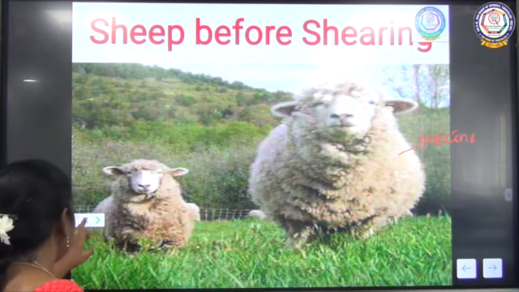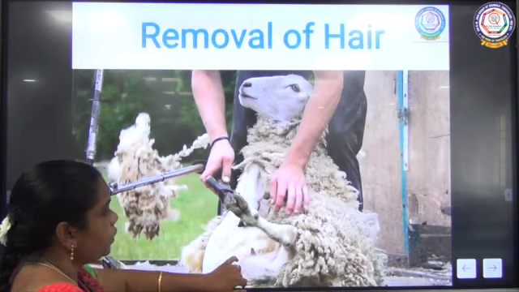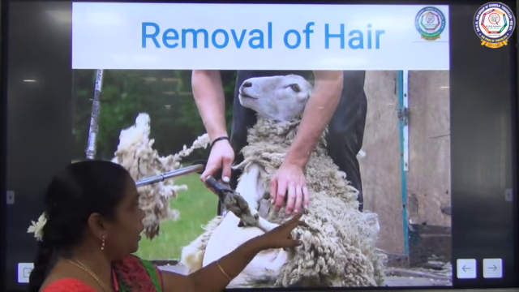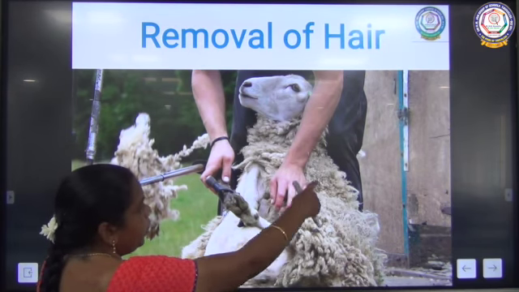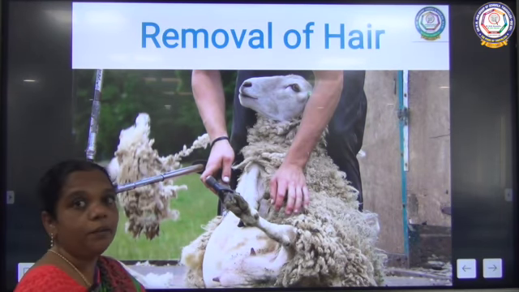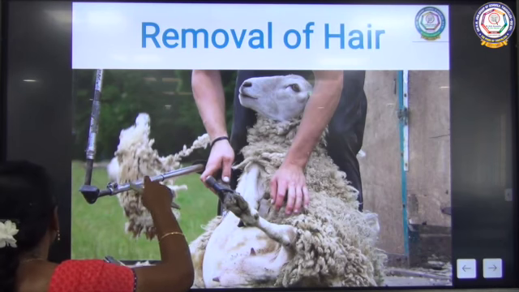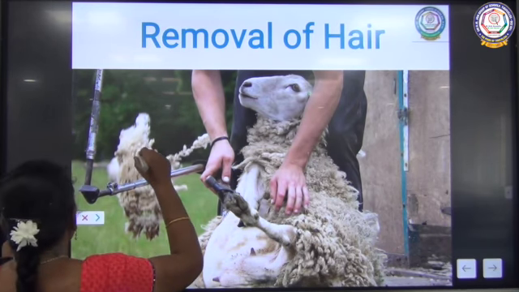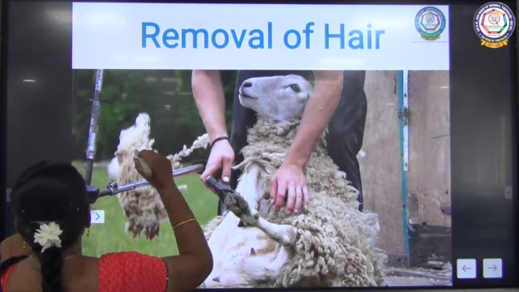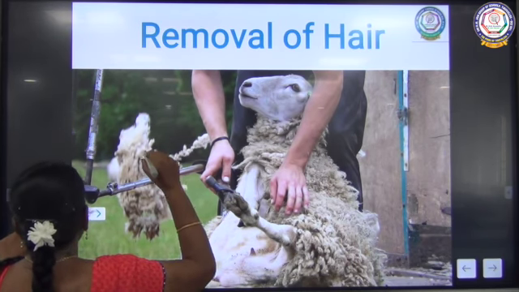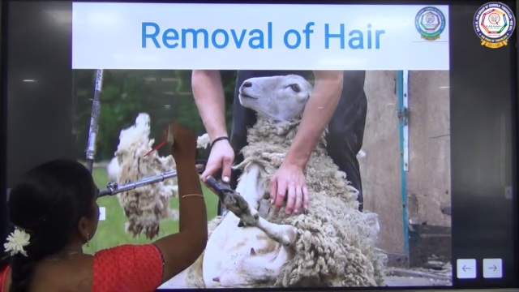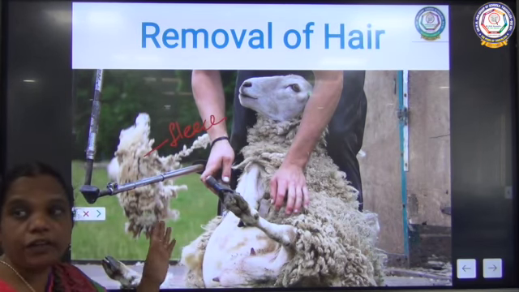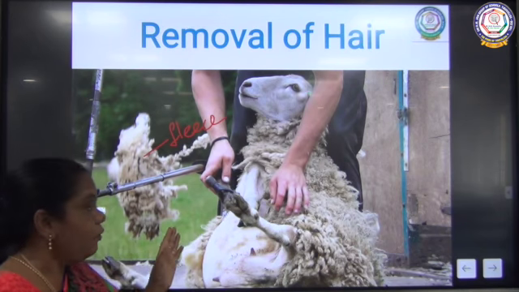Now see how the shearing happens. We shear the animal by using a machine. Here we are removing the fur of an animal. This fur is called fleece. The fur of an animal, otherwise we call it fleece.